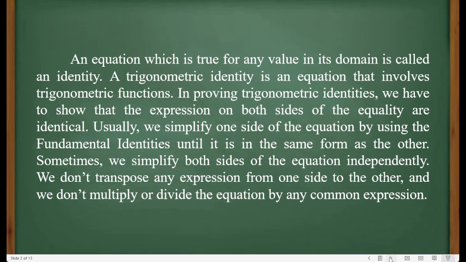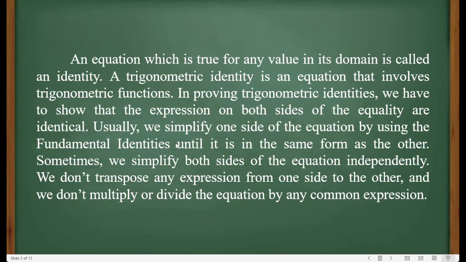An equation which is true for any value in its domain is called an identity. A trigonometric identity is an equation that involves trigonometric functions. In proving trigonometric identities, we have to show that the expressions on both sides of the equality are identical.